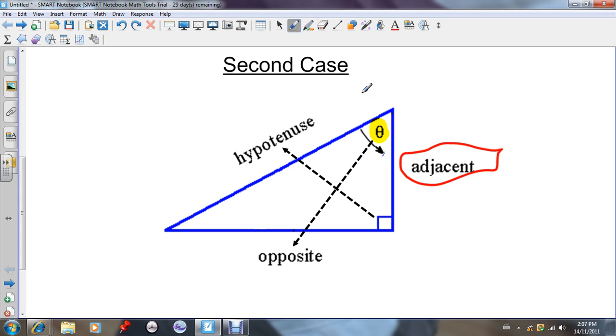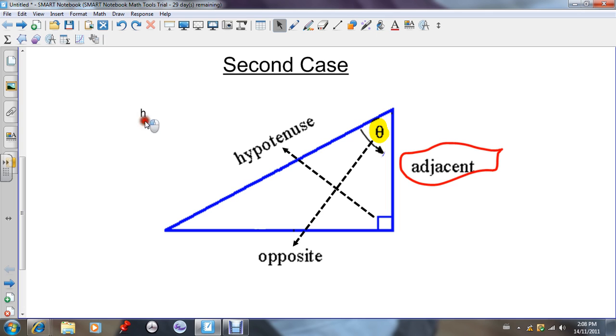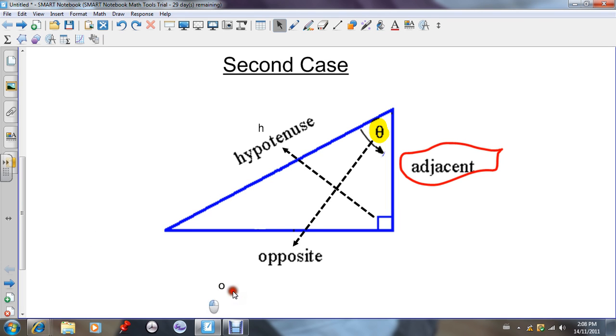Now, you will see that later on, to denote this big long word hypotenuse, we don't like that. We're just going to use a good old H. What are we going to use to denote the opposite side? A good old lowercase o.